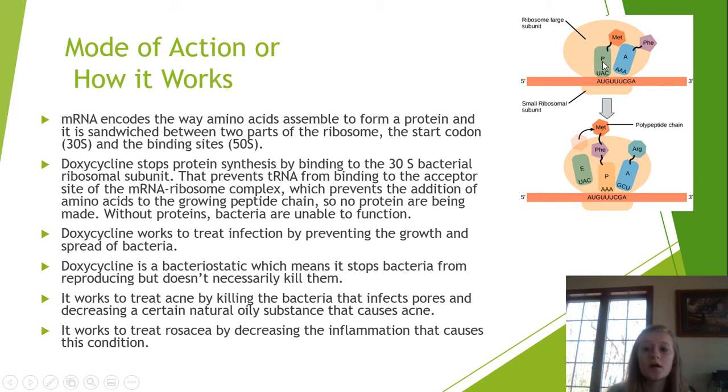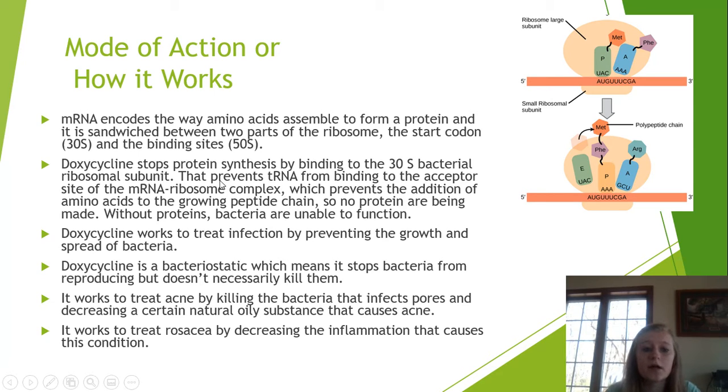Then the amino acid leaves the tRNA, and leaves the E site for the bacteria to use. So that's basically how translation works and how a peptide chain becomes a protein.